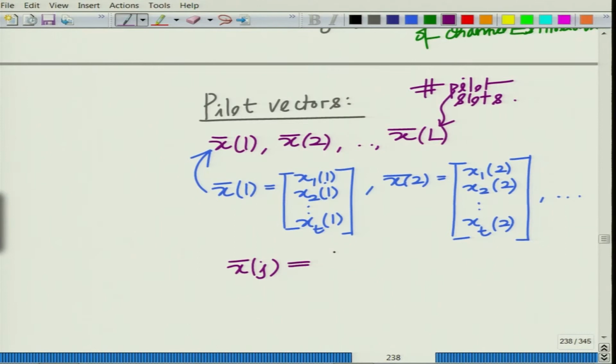And therefore, what is this x bar j? This is the pilot vector transmitted at time instant j. This comprises of x1j, x2j, so on up to xtj.